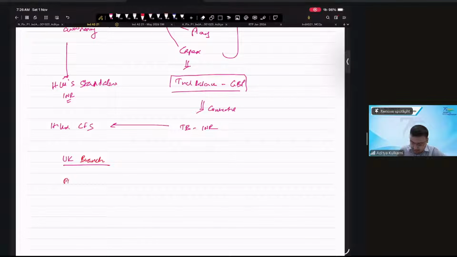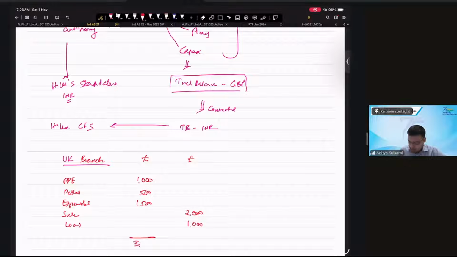Suppose I'm having property, plant, equipment £1,000, debtors 500, expenses 1,500, sales 2,000, loans 1,000, totals 3,000 and 3,000.